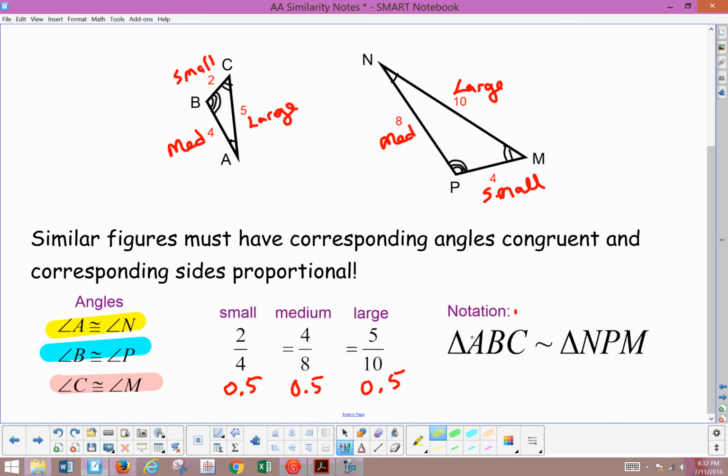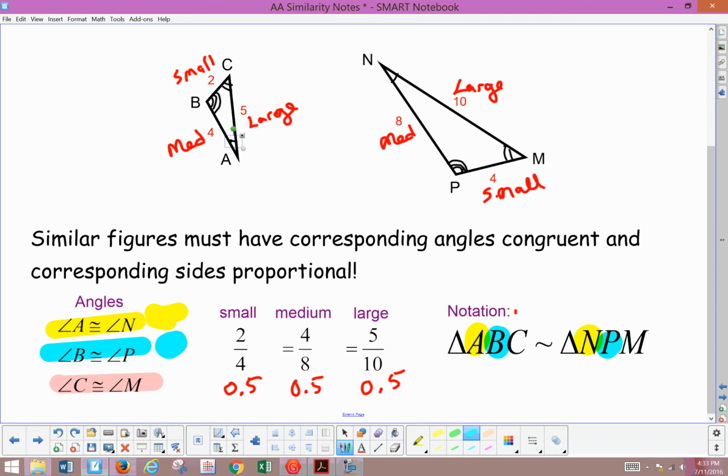Well, in the figure on the left, I started writing the name of that figure with the letter A, the vertex A. If you pay attention to what we said with our angles, angle A was a match to N. So I had to start my next side with an N. We then went to B. Since the second vertex I named on the left side was a B, I come over and see what my angle matchup was.